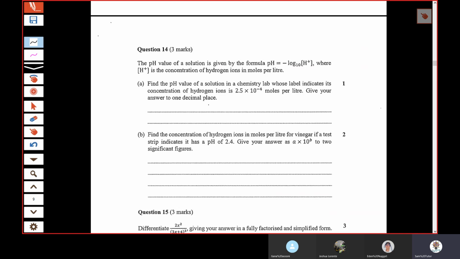Give your answer to one decimal place. What do I do? What letter am I finding? Am I finding pH or is this one pH? You can read the question again.